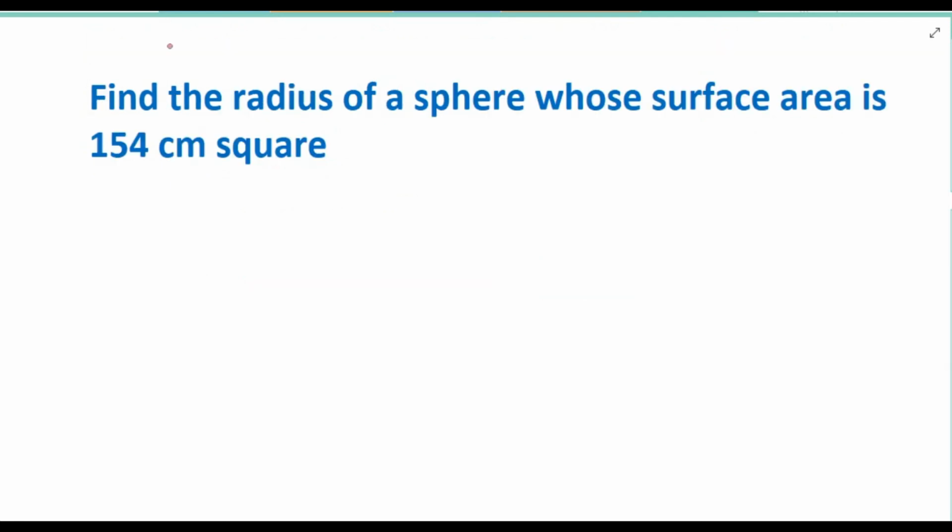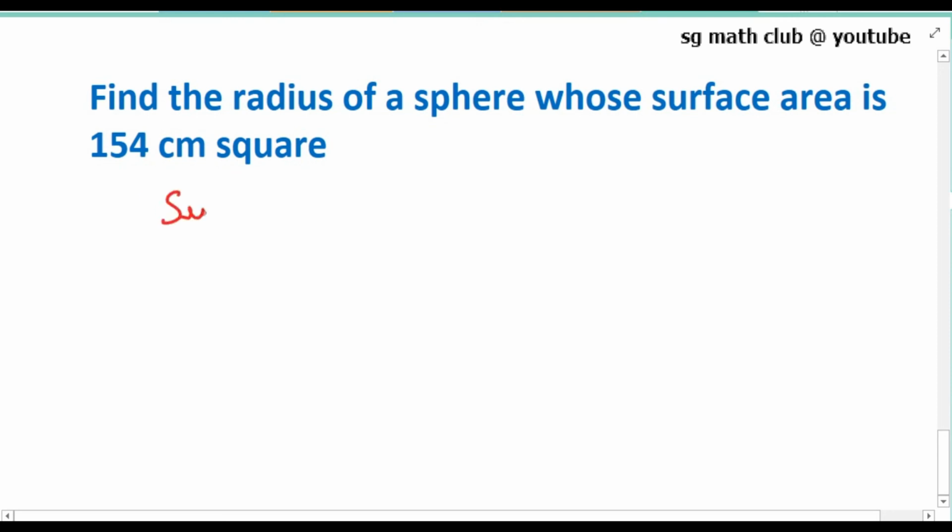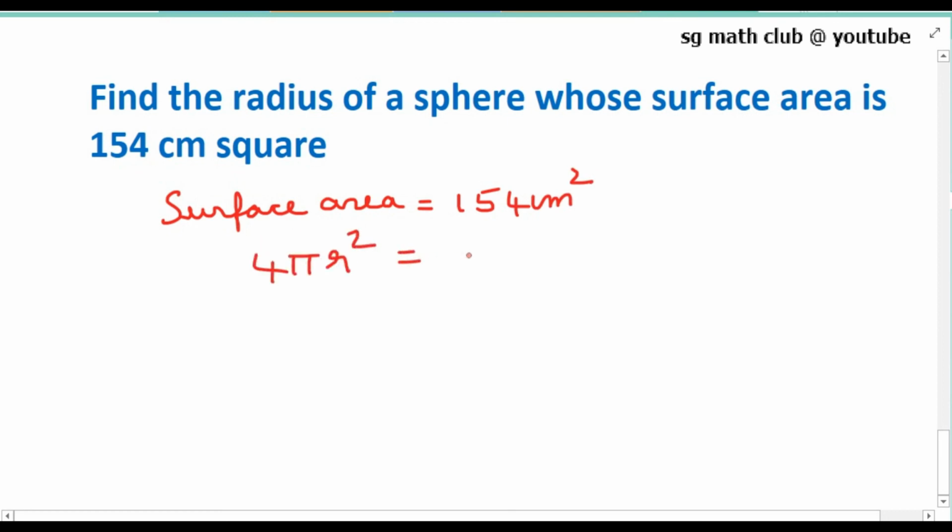Next question, find the radius of the sphere whose surface area is 154 centimeter square. So here we need to find out radius. Surface area of the sphere they have given as 154 centimeter square. Surface area of the sphere is 4 pi r square is 154 centimeter square. So 4 into 22 by 7 into r square, which we don't know. We need to find out the value of r square.